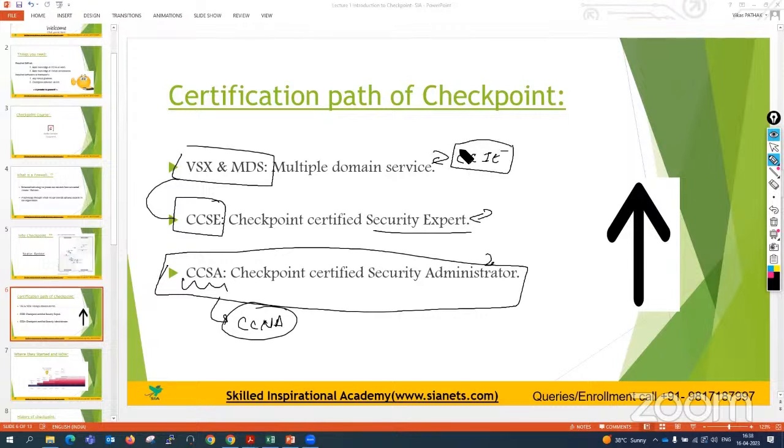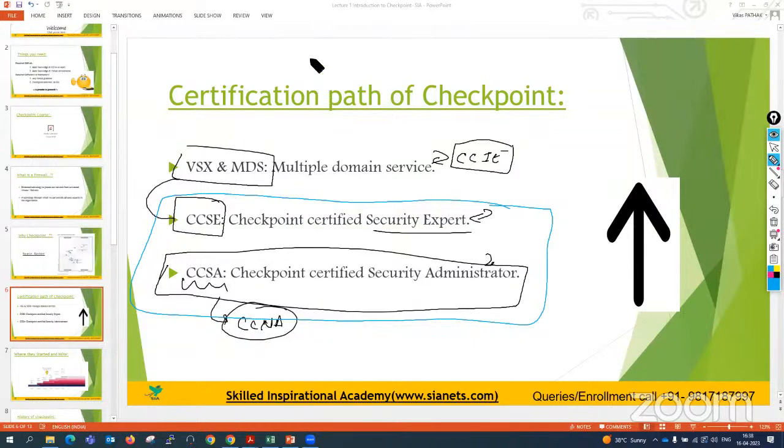Very, very high level concepts will be there. In this particular session which we are going to start, we will be targeting these 2 certifications. A lot of students ask me, sir, after taking this course, will I be able to give the exam? Yes, you can do that. But you have to go through the admin guide. Why?